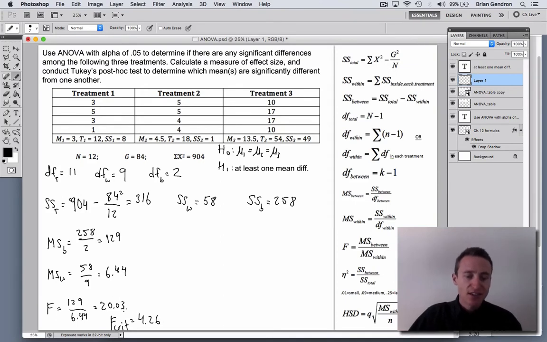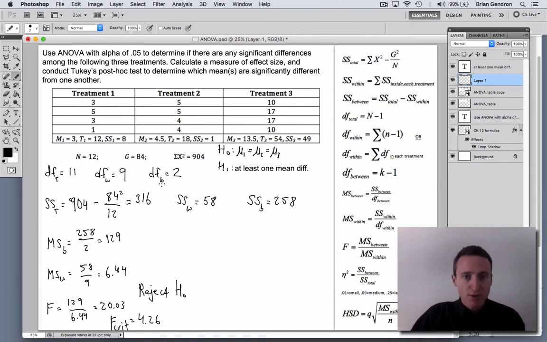Our test statistic is much larger than that value. And so our conclusion is reject H0. In other words, the data suggest there is a statistically significant difference in scores between these three treatments.